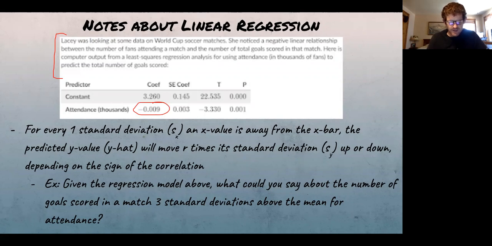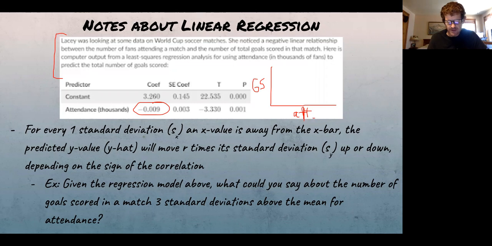So let's say, given this regression model above, what could you say about the number of goals scored in a match that's 3 standard deviations above the mean for attendance? Again, like I said at the beginning, drawing a quick scatter plot might help. I know that attendance is predicting the goals scored. Because the slope is negative, as the attendance goes up, goals scored go down.